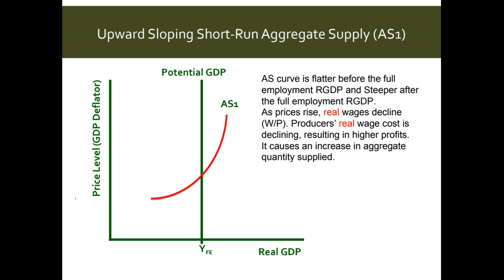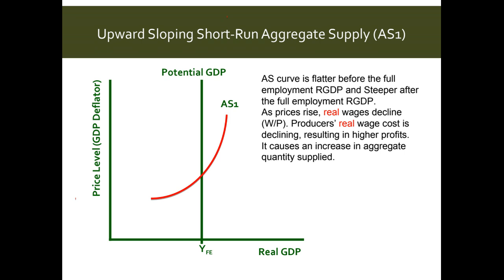So the reason is given here. As prices rise, and by prices I mean GDP deflator, real wages decline. By real wages I mean purchasing power. So wages divided by price level, that is real wage. So if the price index is increasing, it means your real wages, the purchasing power of your money, is decreasing.